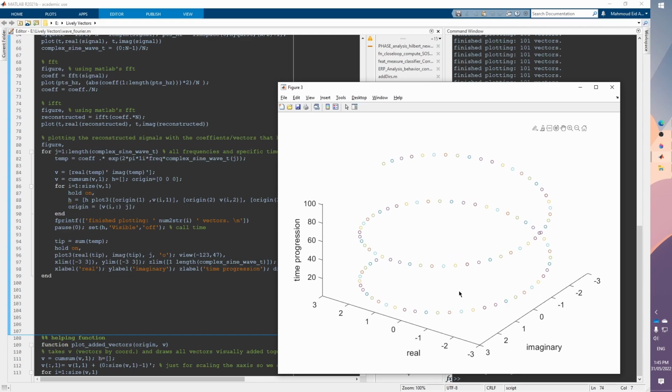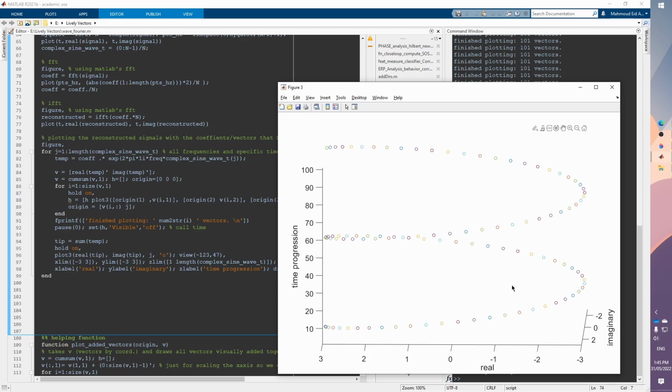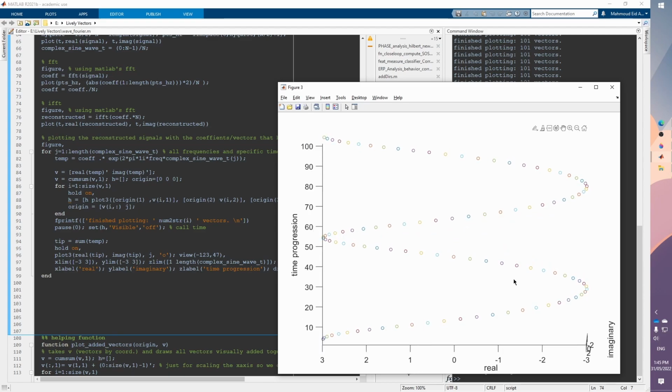So let's make this axis actually like going inside the screen, so we don't look at the imaginary axis. Let's look at this cosine alone. Cosine is real, and cosine is actually going from the maximum amplitude in the beginning and then going like so, and that's a cosine. That's a perfect cosine wave progressing in time like so.